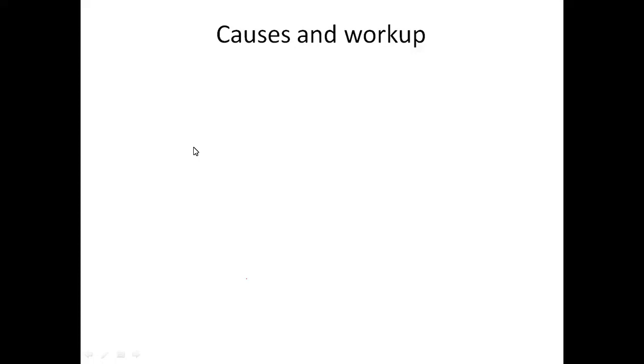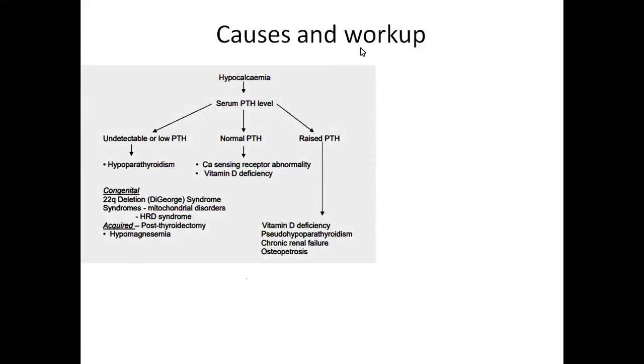Okay, so we'll go to the algorithm. In hypocalcemia, the next thing you need to check is the serum PTH level. PTH level is very low mainly in hypoparathyroidism. Even sometimes with a normal PTH in hypocalcemia, you need to think of hypoparathyroidism, because in hypocalcemia, what do you expect in the PTH level?